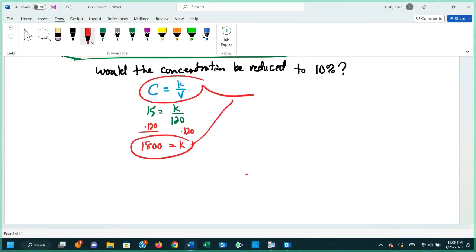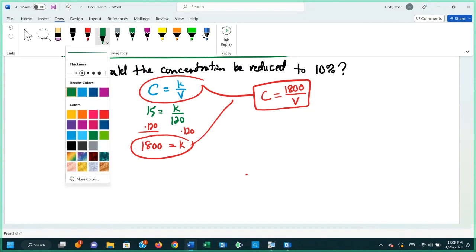So we can redefine this formula here. Instead of C equals a constant divided by V, we know that constant's 1800. So C equals 1800 divided by V. And now we want to know at what volume will that be reduced to a concentration of 10%.